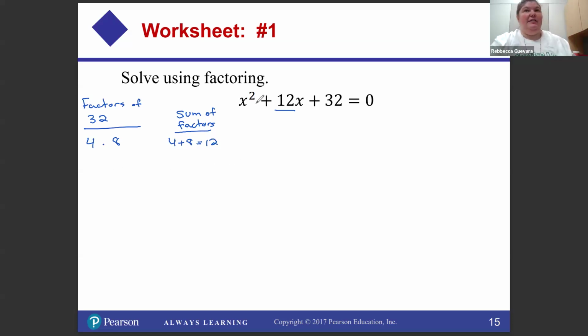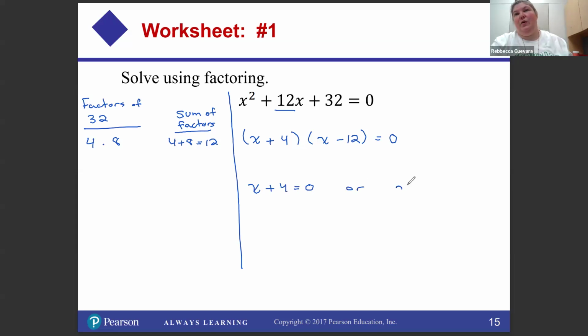So in this case, because we're not using the AC method, this is just telling me what I'm factoring it into. This is just going to be x plus 4 times x plus 8, and all that's going to equal 0. So we know we have the choice that x plus 4 equals 0, or x plus 8 equals 0.